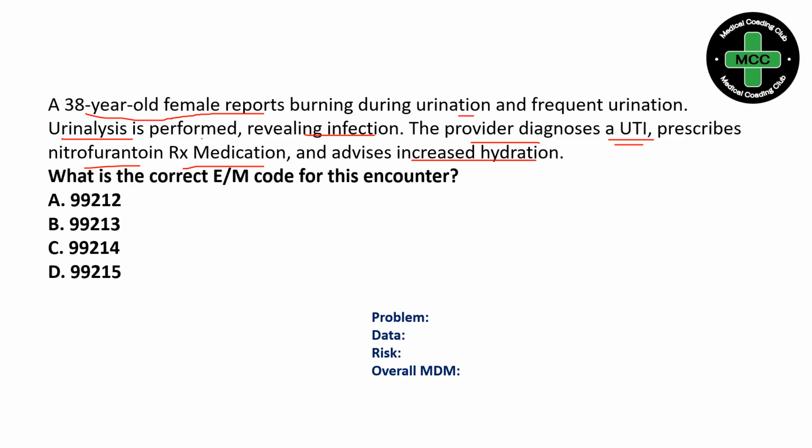So all the PDR you have to check. Options are 99212, 213, 214, and 215. Considering it is an established patient, the problem is urinary tract infection, UTI, which comes in acute uncomplicated illness. We'll see the rationale for your understanding.